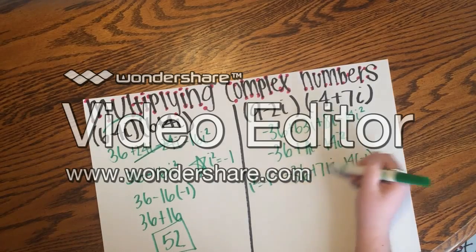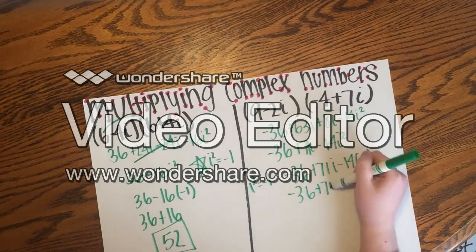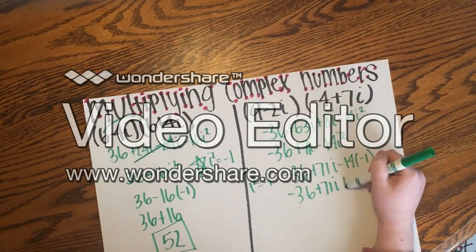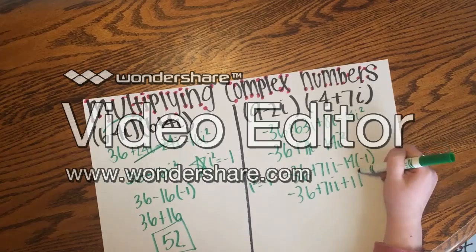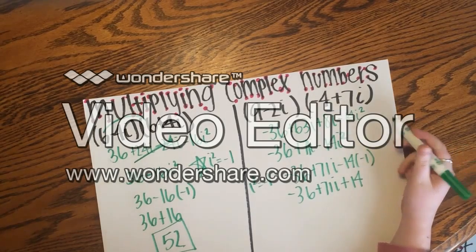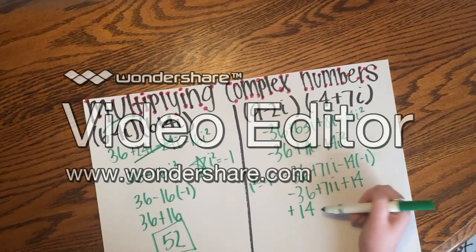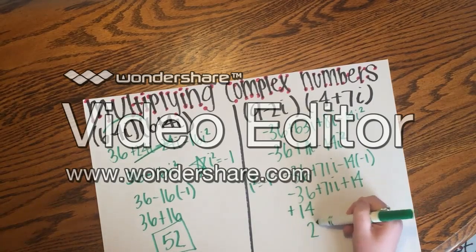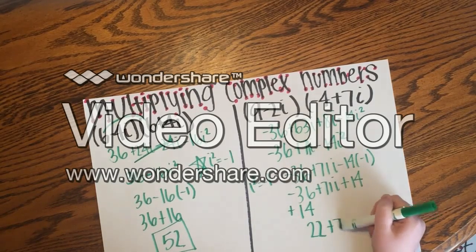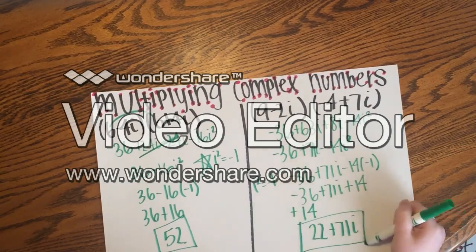So we're going to do negative 36 plus 71i plus 14, because we multiplied by that negative 1. So we're going to add that to this real number here, plus 14, and that gets us negative 22 plus 71i. And that is the answer.